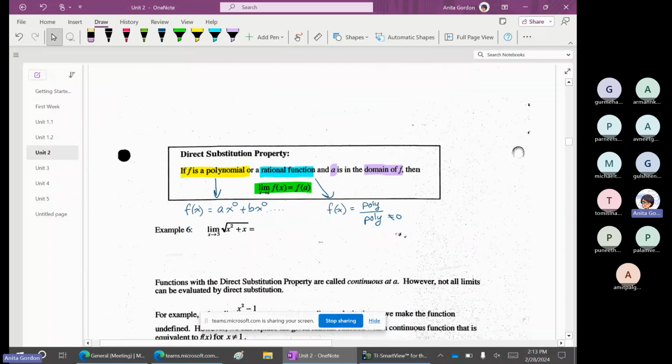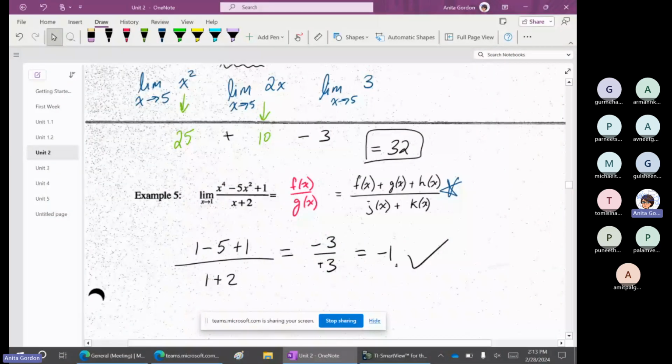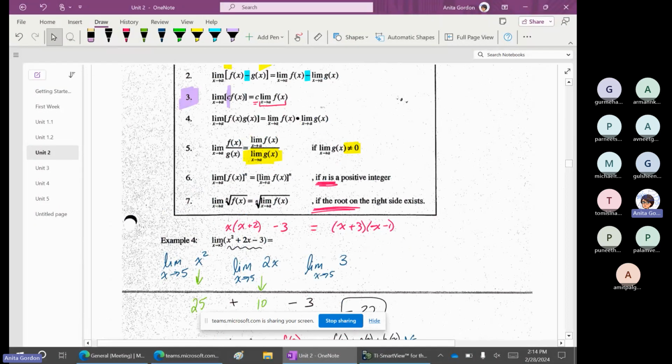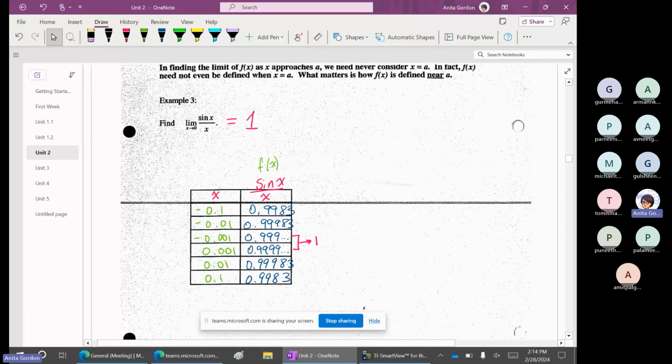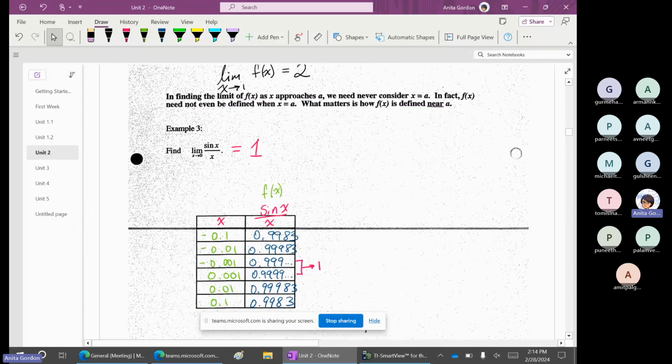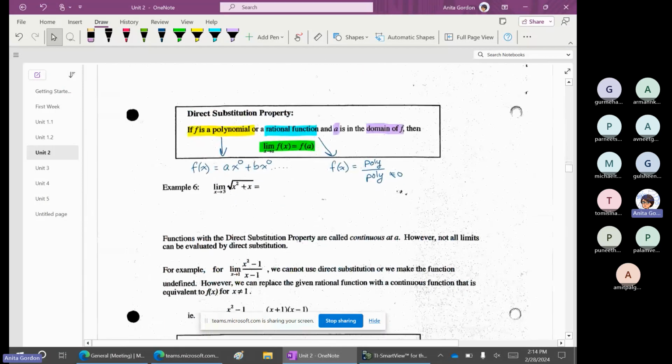Let's go back to my previous example here. 1 is in the domain because it does not violate the restriction that x can't be negative 2. So that means I can just throw 1 into the function and decide what the limit is. However, in our previous example here, 0 is not in the domain of this function. Therefore, I cannot substitute it directly. Does that make sense? So if it doesn't violate a restriction, you can just chuck it right in and evaluate as is.